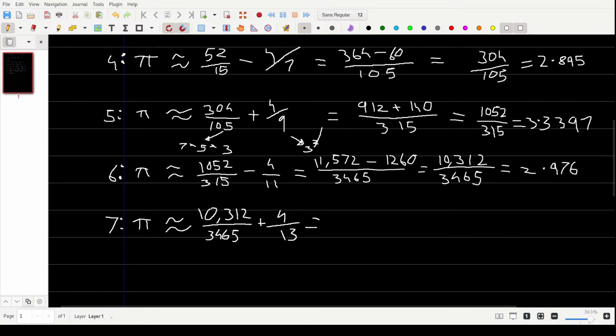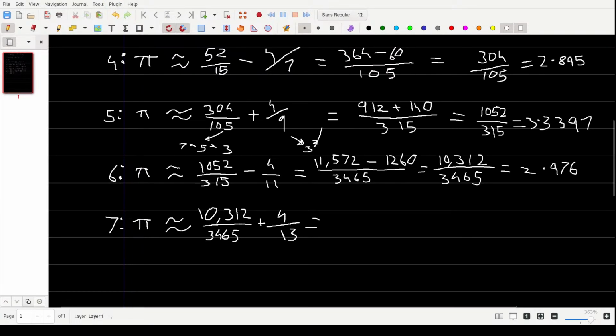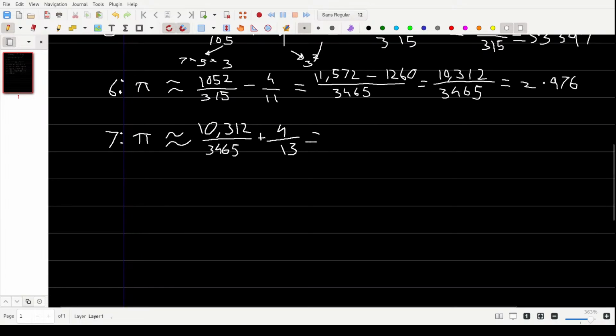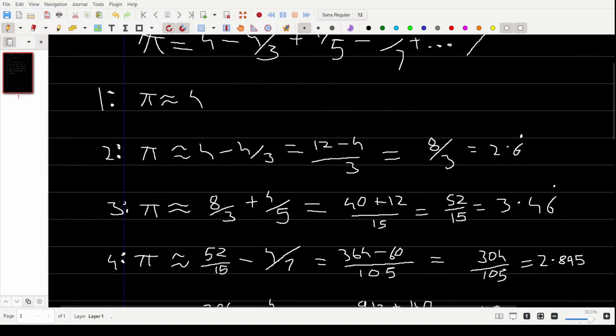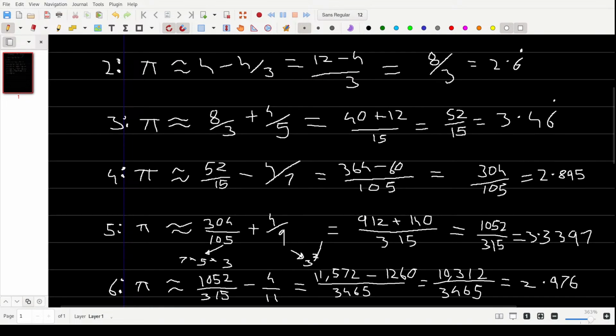So we will do, okay, first of all, the numbers are getting so big, I don't know if the 13 is going to be a factor here. We can just look at the previous calculations and see if 13 is going to be a factor. I don't think it is.